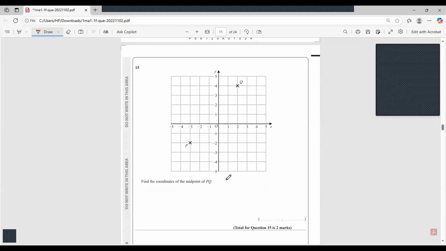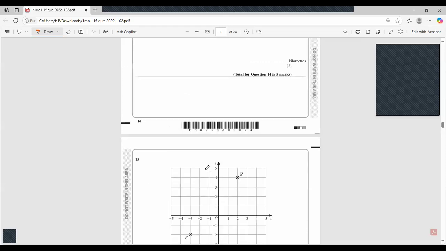Yes. Okay, so what's the formula? X1 plus X2 over 2. Yes. And Y1 plus Y2 over 2. Okay, that's fine. You remember, that's good. Okay, let's move on.